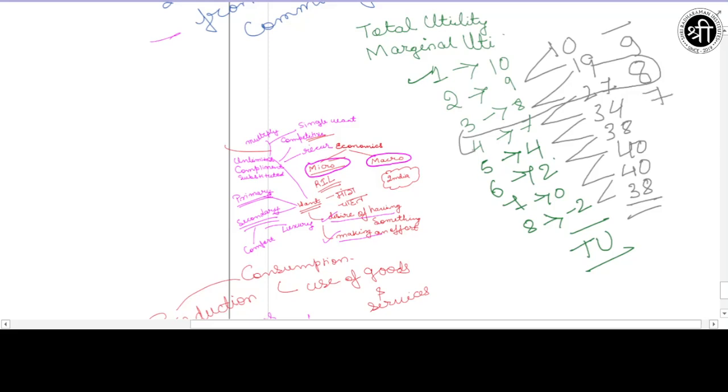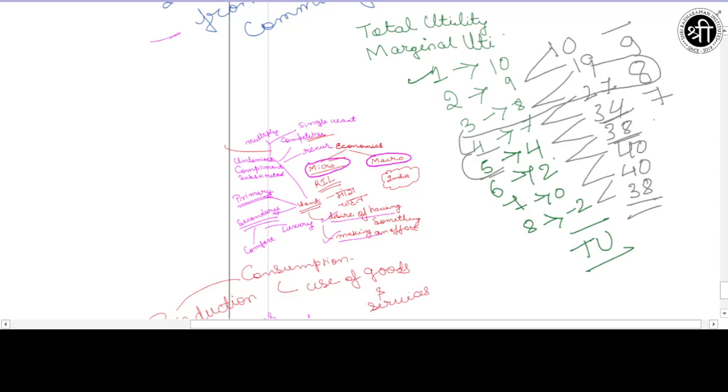Now you have already consumed 4, and you are coming to the fifth one. When you had consumed 4, you had 34, and when you have consumed 5, you have 38. So how much extra did you gain?